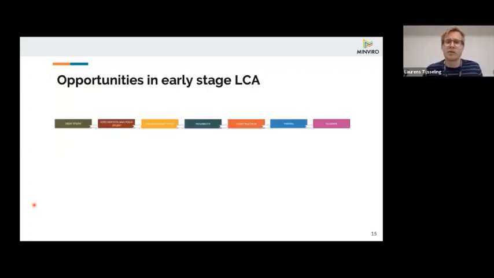At Minviro, we strongly believe in using life cycle assessment early on in project development. As I'm sure a lot of people who tuned in today know, usually a mining project goes from your development study to your feasibility phases to your construction, mining and closure phases.